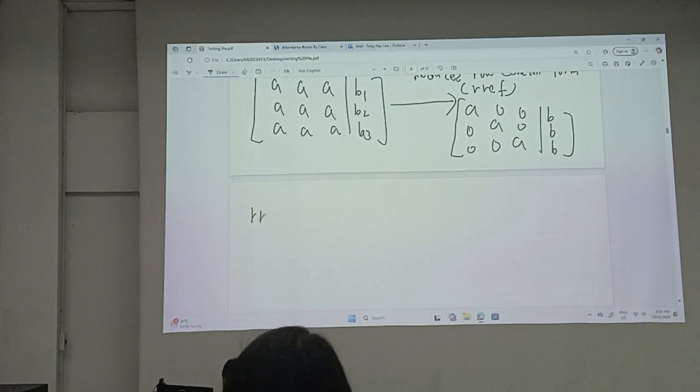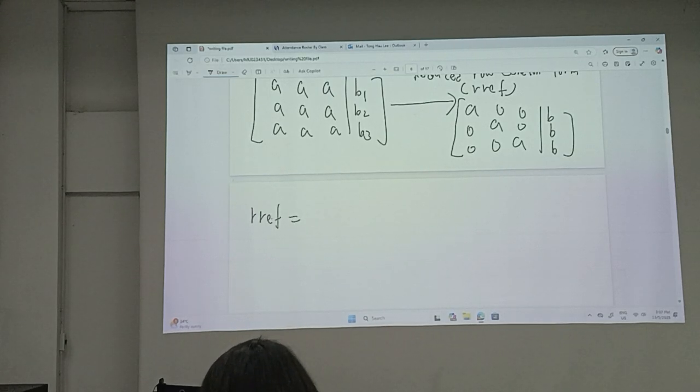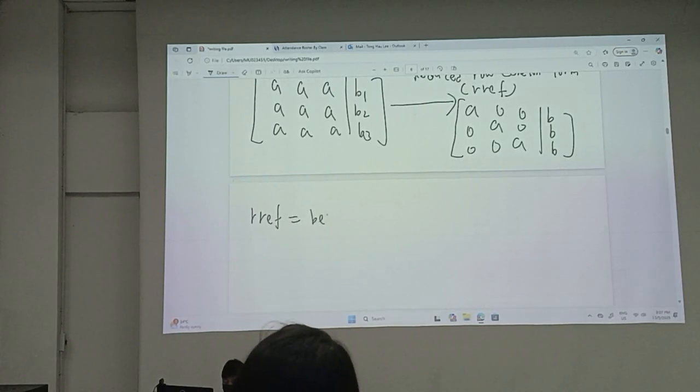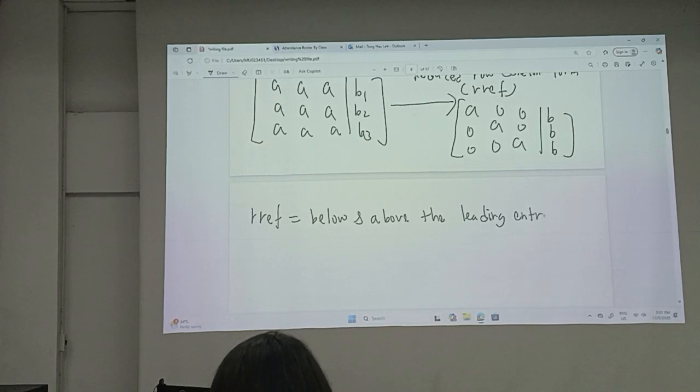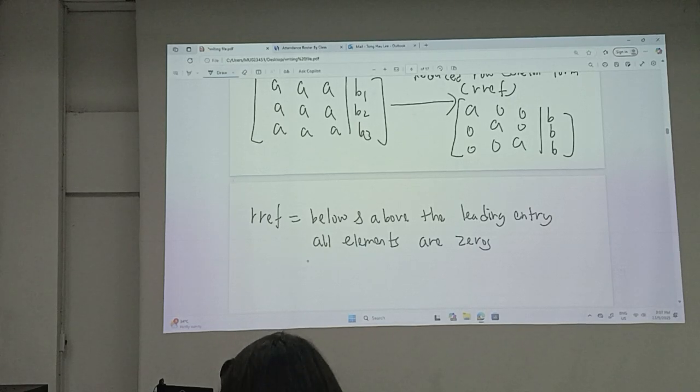Reduced row echelon form basically means below and above the leading entry, all the elements are zeros. Okay. So just now for row echelon form, it means below only zeros.